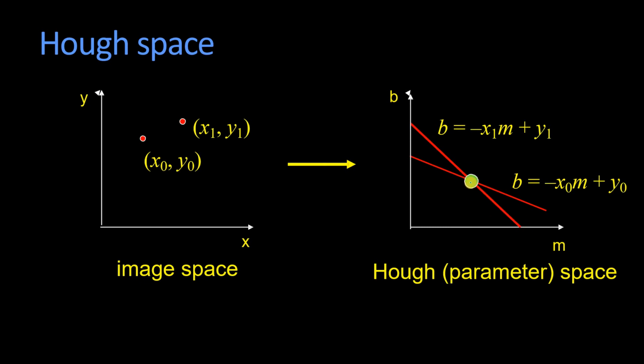And the interesting thing is that these two lines will intersect exactly at one point only. They will only cross at one point, and the point where they cross will be the line that is passing through both these points. Is it clear? Very important point.